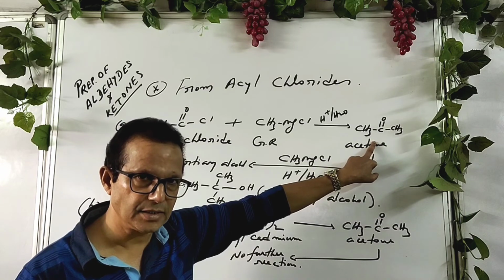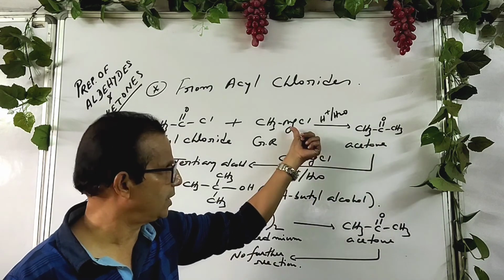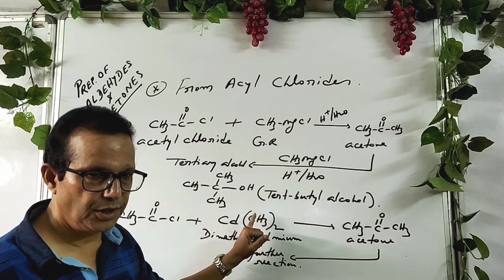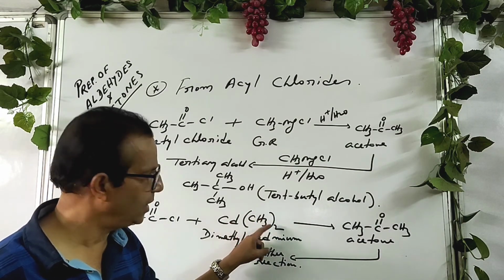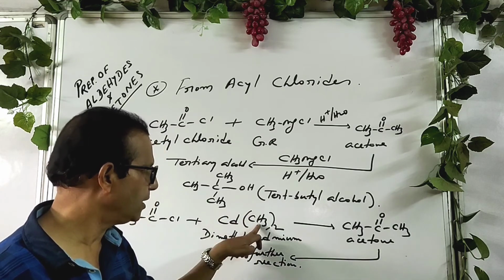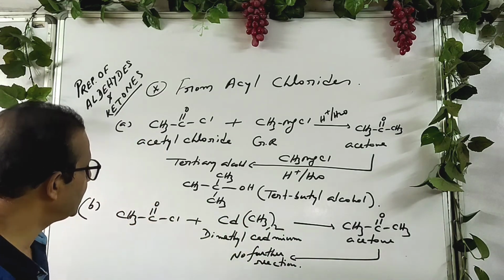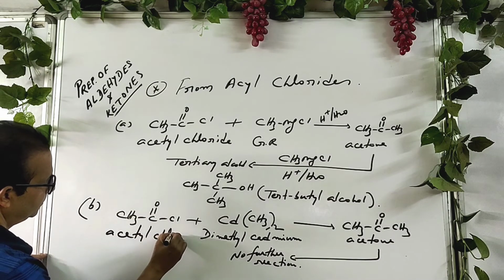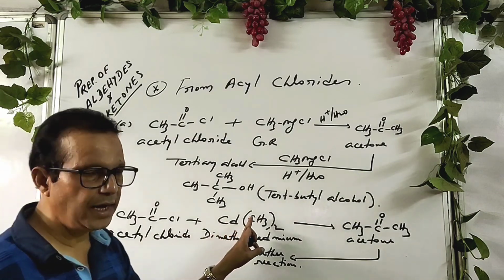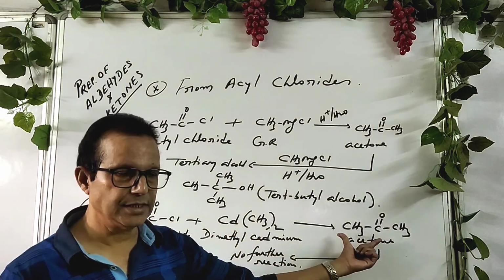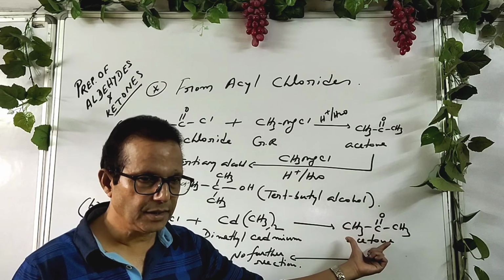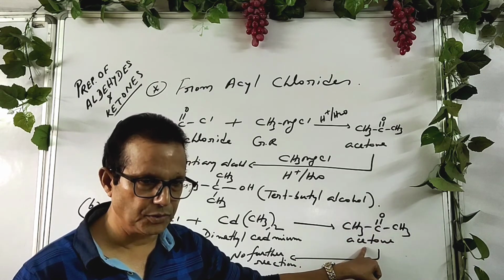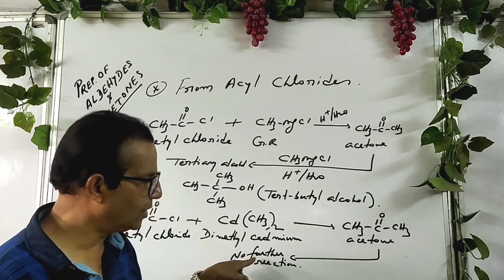That's why nowadays, instead of using Grignard reagent, dialkyl cadmium is used. It may be methyl, it may be ethyl. Okay, dialkyl cadmium is used. Here it is dimethyl cadmium. When acetyl chloride reacts with dimethyl cadmium, we get acetone. But the usefulness of this reaction is that the acetone so formed does not undergo further reaction.